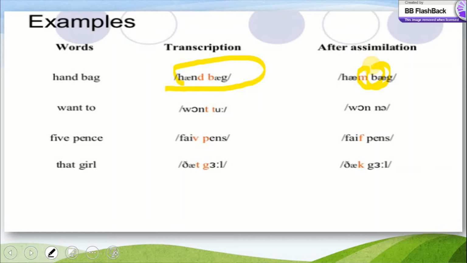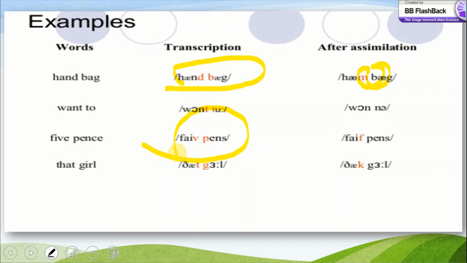We are assimilating it into the m: handbag. Sometimes we take the properties and sometimes we actually take the sound. Want to, wanna. Five pence: the actual pronunciation is five pence, but we will say five pence. That girl is the actual pronunciation, but we will say that girl.